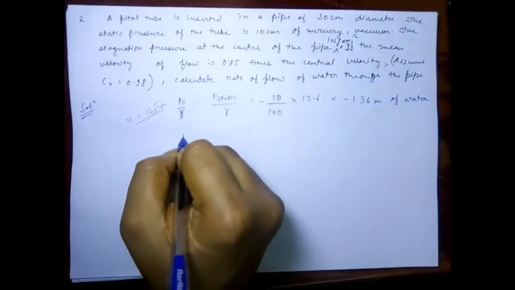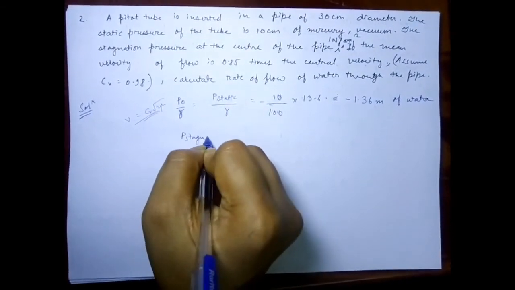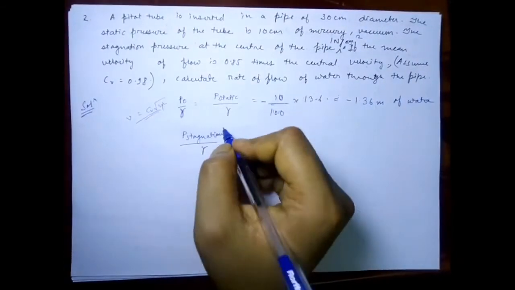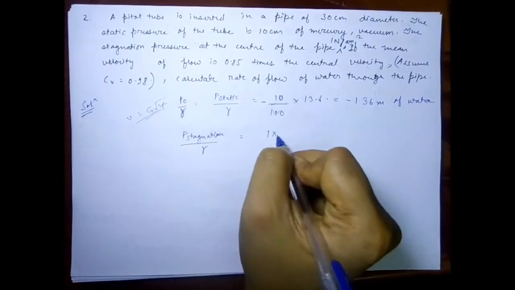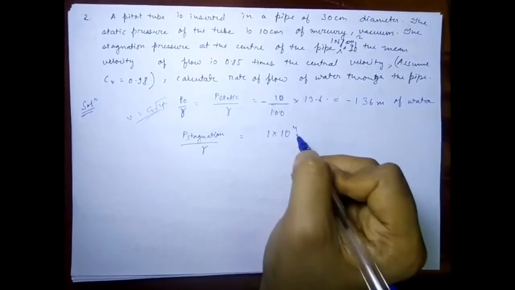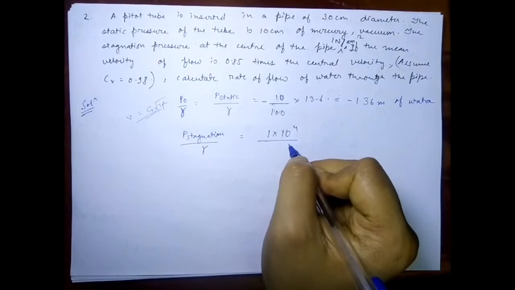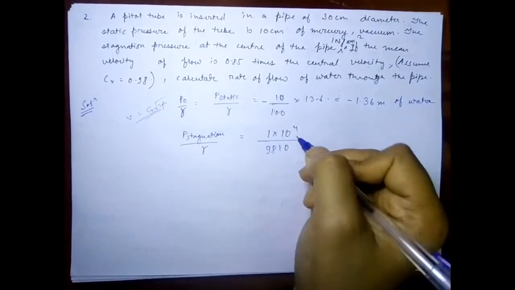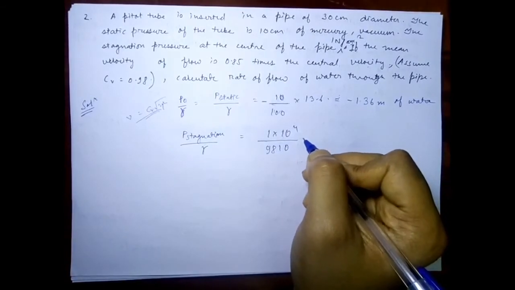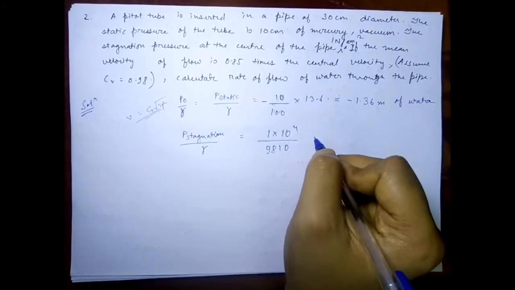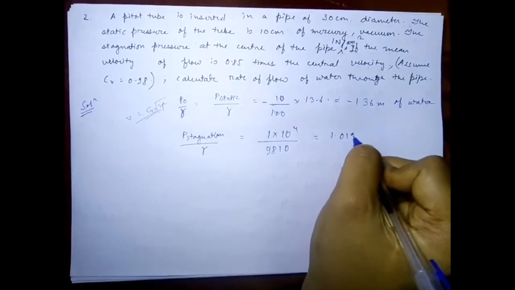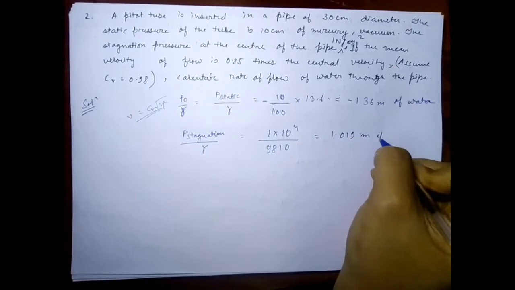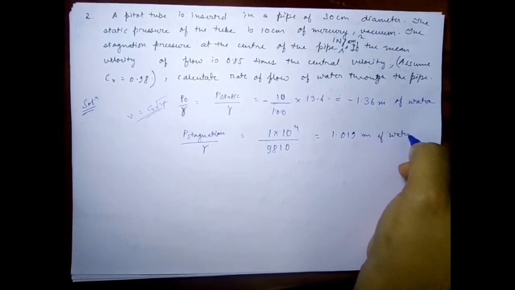Next, P stagnation upon gamma is equal to 1 times 10 to the power 4 upon 9810, and it is equal to 1.019 meter of water head.